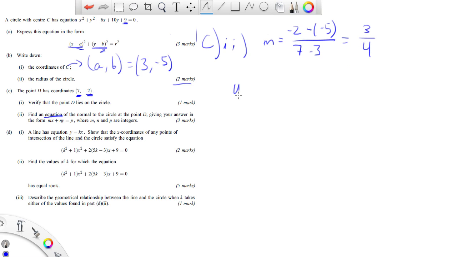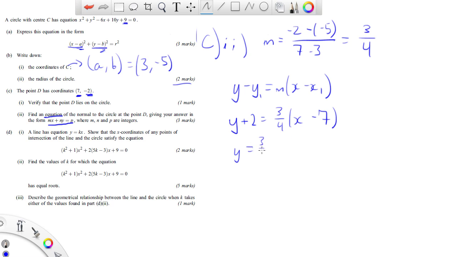All right, now what I'm going to do is use this formula and rearrange it to get it to the form that they want. So this goes through the point 7, -2. So this is going to be y plus 2 is equal to 3/4 x minus 7. Clean this up a little bit.